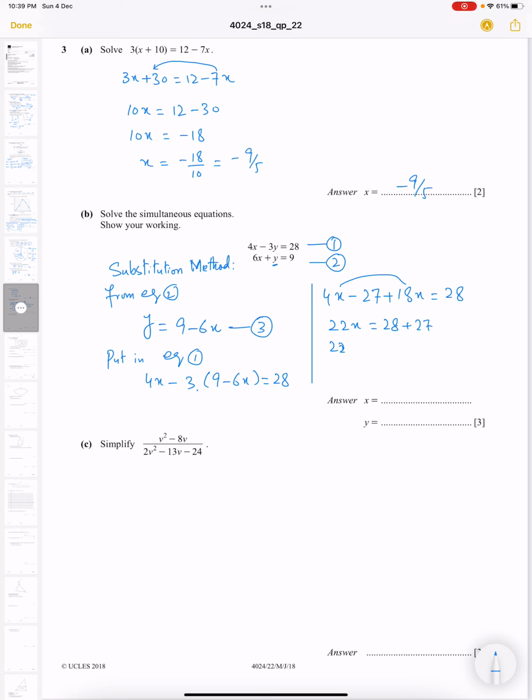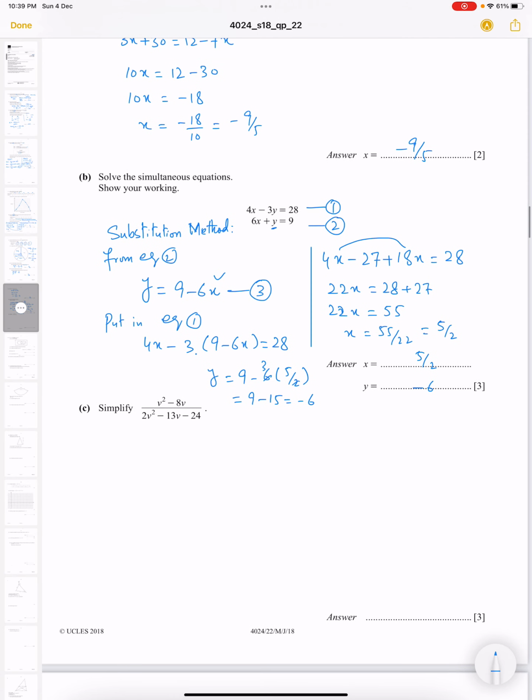So 22x is 55, and x is equal to 55 by 22, which makes it 5 by 2. We can put this value of x over here in equation number 3, and we get y as equal to 9 minus 6 times 5 by 2, and as 2 times 3 is 6, so 9 minus 15, which is minus 6. So the value of x is 5 by 2 and the value of y is minus 6.